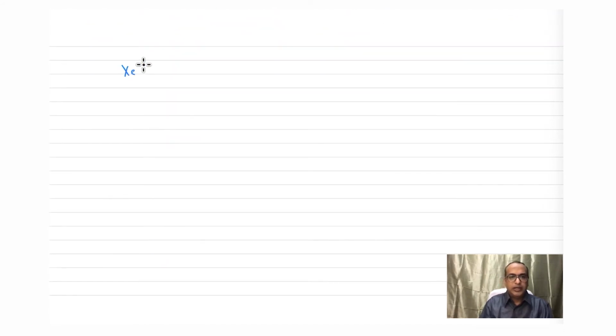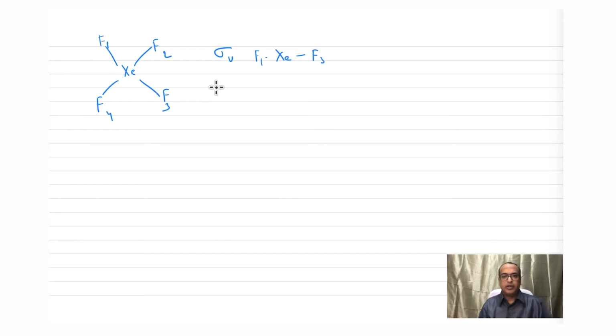So Xe, 4 Fs again: 1, 2, 3, 4. Now the other sigma V will be F1, Xe, F3. So I will not do the symmetry operation now, containing the C4 axis.